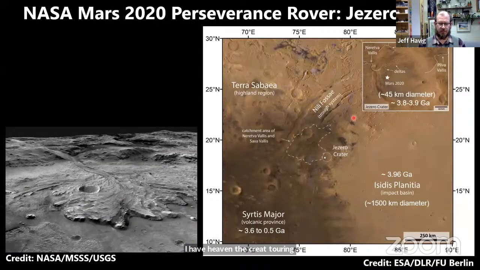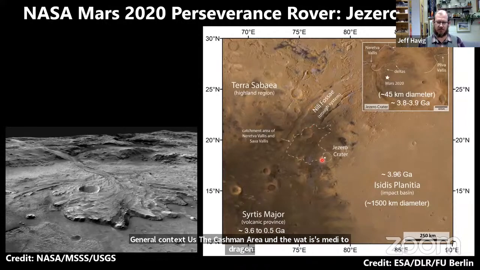And so something I wanted to bring your attention to is if you take a step back and look at the Jezero crater context. So here's Jezero crater. Here's the catchment area that is estimated to have drained into Jezero crater to deposit in that rim. That's a very large area.